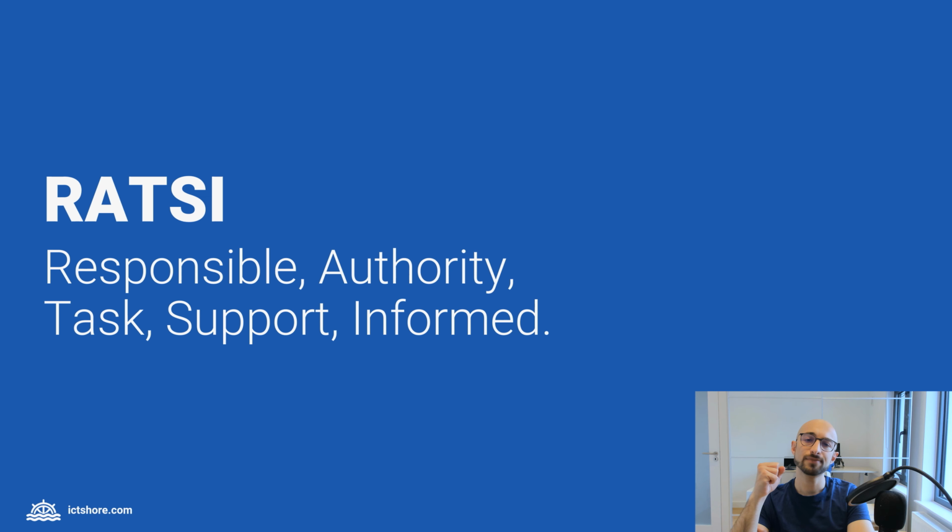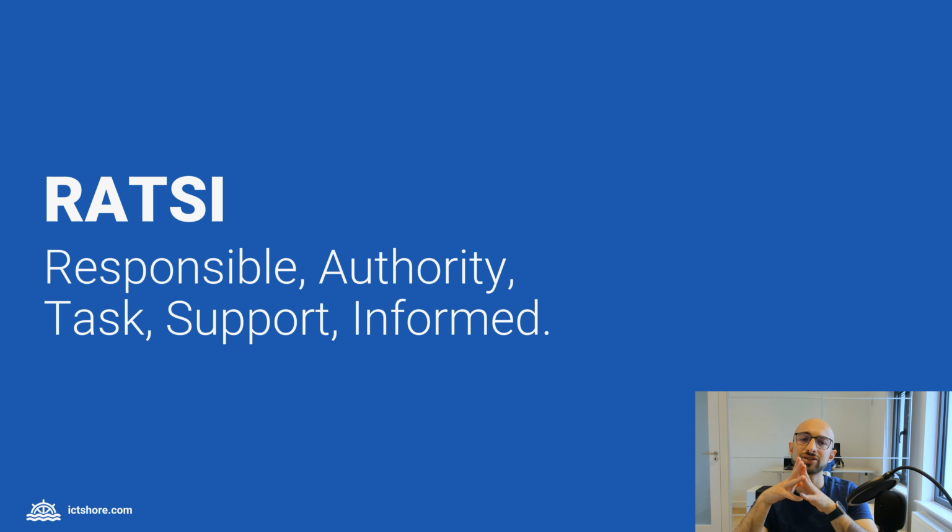Authority instead is typically the customer or the sponsor, the ultimate external decision maker that will have the authority to accept, okay, this is actually what I wanted. Task is the person who is doing the task, so the real responsible from the traditional RACI matrix. Support is still here to provide skills, knowledge, material support, equipment, resources, helping the task person do the job. Informed does not change, it is someone who just gets information about the project but has no way to influence it.